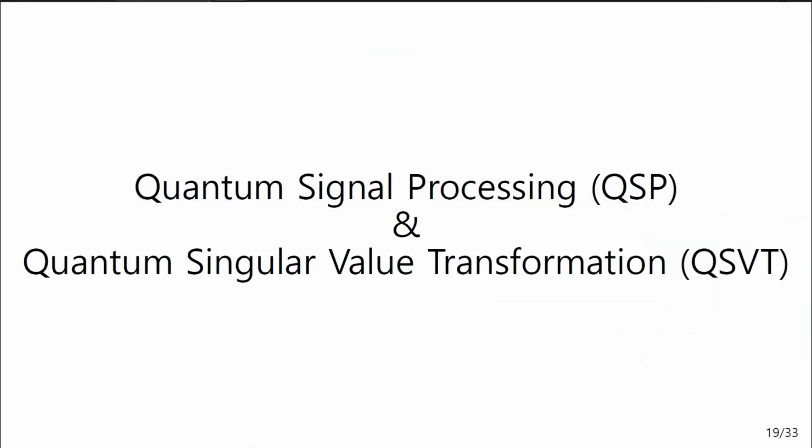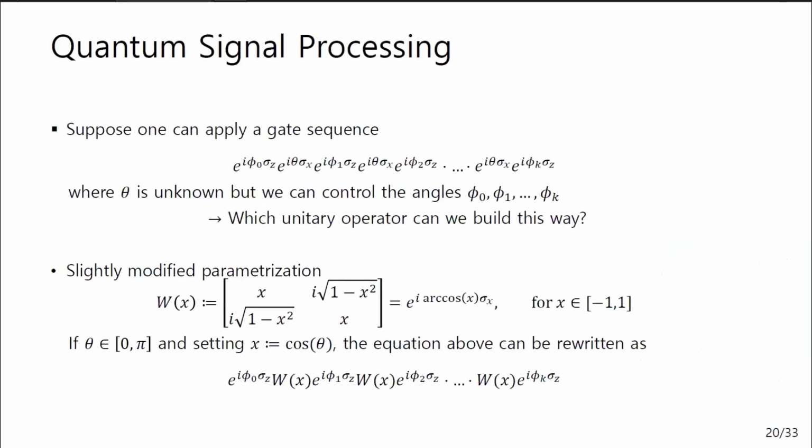And from now on, I want to talk about our main theorem more precisely. Okay, quantum signal processing. I mentioned a simplified version in the previous slide, and I want to define the theorems precisely.